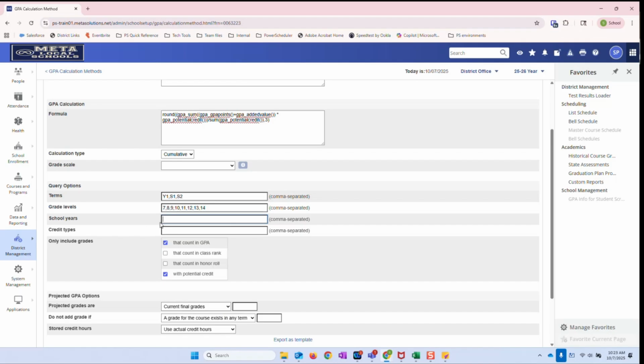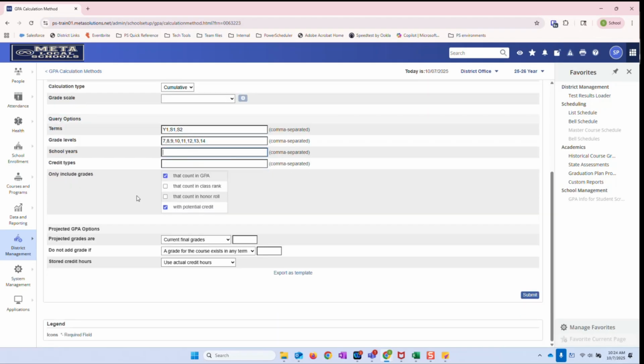In that very specific example, you would want a school year because you don't want the GPA looking at this year's Q4. You'd want it looking at last year's Q4 stored grade, that is. And remember, anytime we're talking stored grades, it is called a cumulative calculation type. So it's sort of a misleading term to some, because just think cumulative equals stored grades, not necessarily over time through multiple years. Could be, but it doesn't have to be.